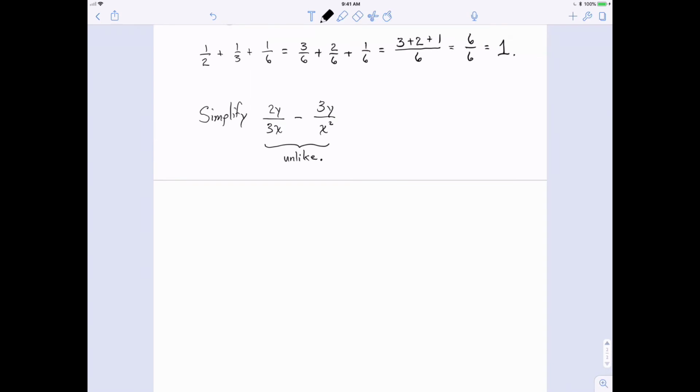So to find the lowest common denominator, often abbreviated LCD, we need to find the LCM, the lowest common multiple, of the denominators. So here we go.